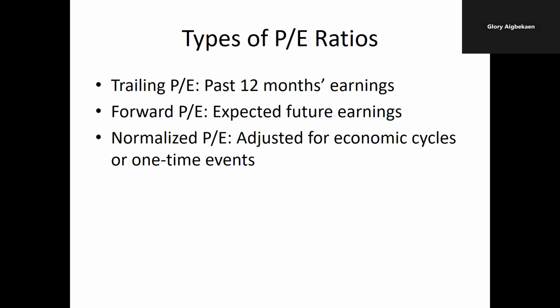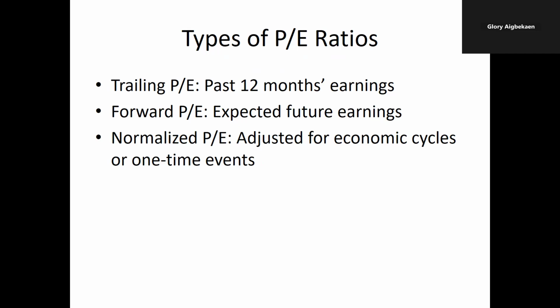In each case, the P that stands for price is always the current price that you are taking. In this case, what is the current price now is what you are taking, whether it's in trailing, whether it's in forward, whether it's in normalized. The difference is the E, the earnings.